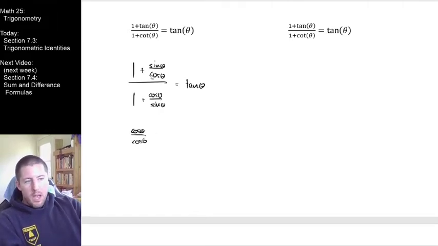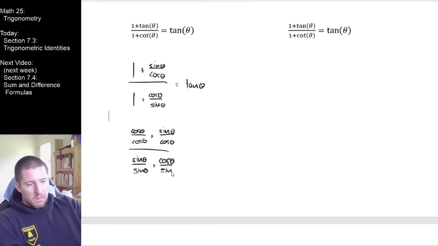I chose that because I want the common denominator of cosine. Over here on the bottom, since I have a denominator of sine, I'm going to choose 1 to be sine over sine. Equal to tangent theta still.